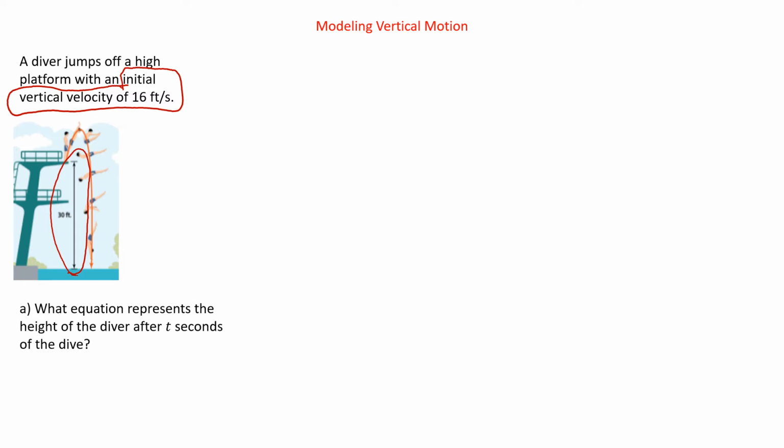What's nice about any vertical motion on the planet Earth is it follows the same equation. We have h of t equals negative 16t squared plus v naught t plus h naught. And so what we have, h of t, this is the height at time t.